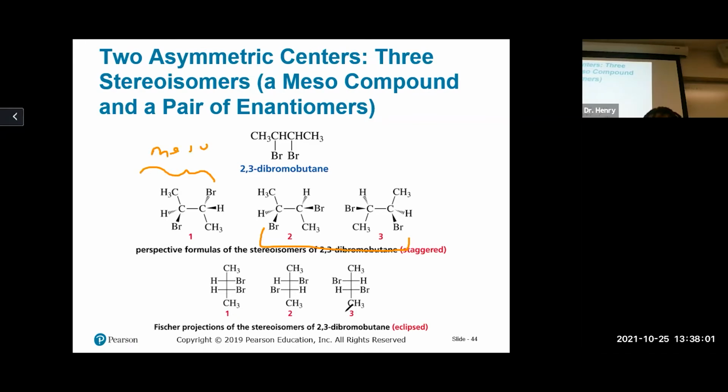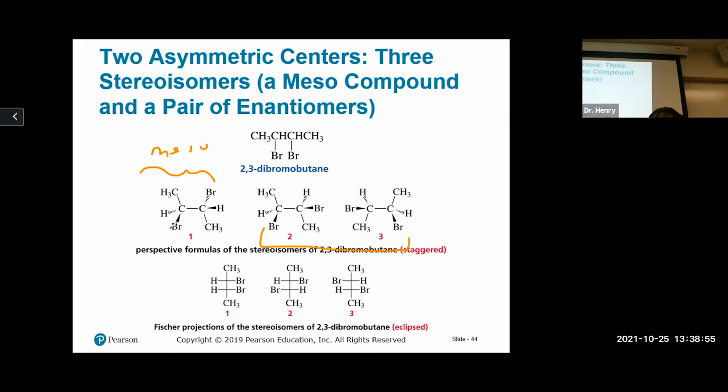Okay, enantiomers. This is the same structure, but shown in Fischer projections. And then this is our... hold on, I'm lying to you. This is actually drawn wrong, because this is coming out, this is coming out, this is coming out, this is coming out.